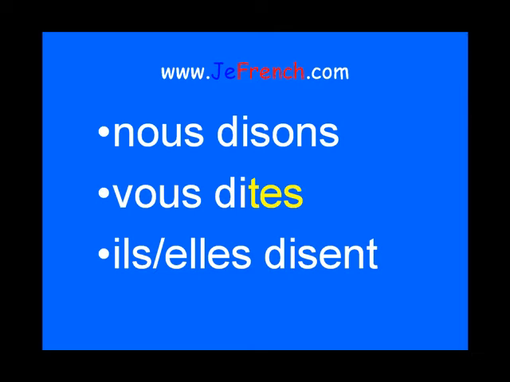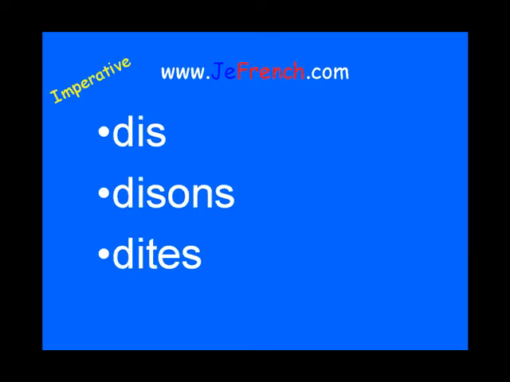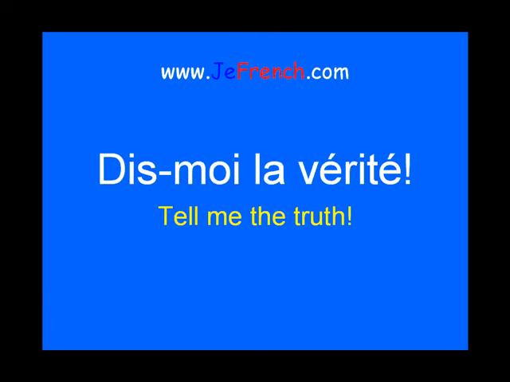That's very bad grammar. We say vous dites. Okay? Nous disons, vous dites, elles disent. Imperative, dis, disons, dites. Dis-moi la vérité. Tell me the truth.